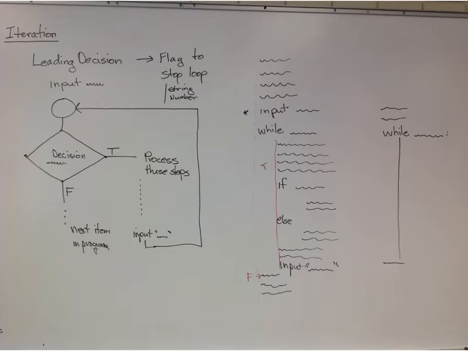So if we look at the big picture here, we call it a flag. Could be a string, could be a number, but it's something to stop the loop. The false part. Okay? In a while statement, as long as it's true, it's going to keep processing in here. And then this was the example we gave. This loop will keep going until this input enters something that makes this false.